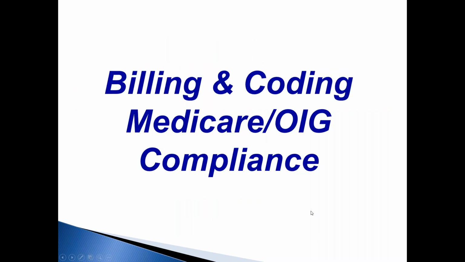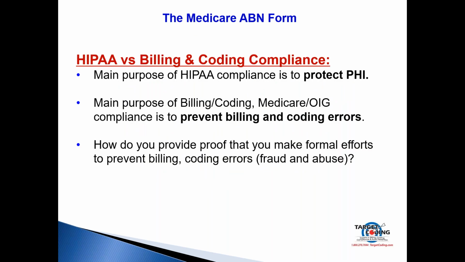A little bit about billing and coding and OIG compliance. So a lot of people get confused between HIPAA and OIG. The main purpose of HIPAA is to protect patient health information, like their names, their addresses, their credit card number, their social security number. That's the main purpose of HIPAA, to protect patient health information.